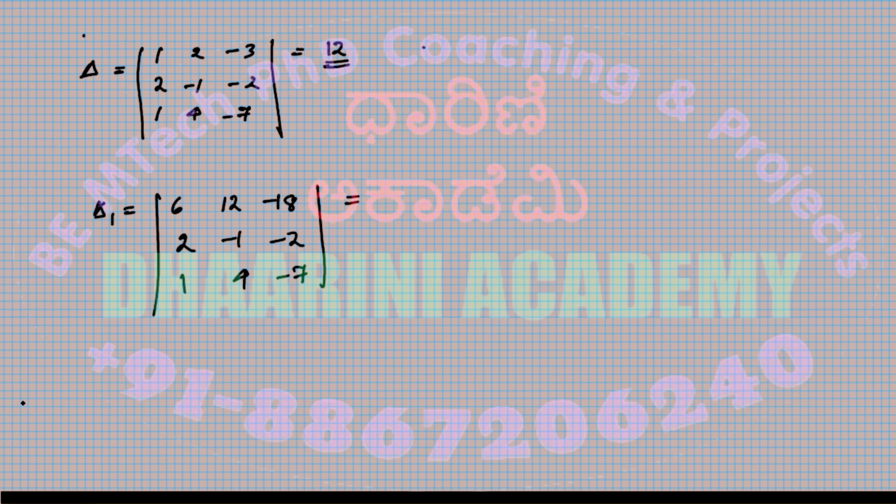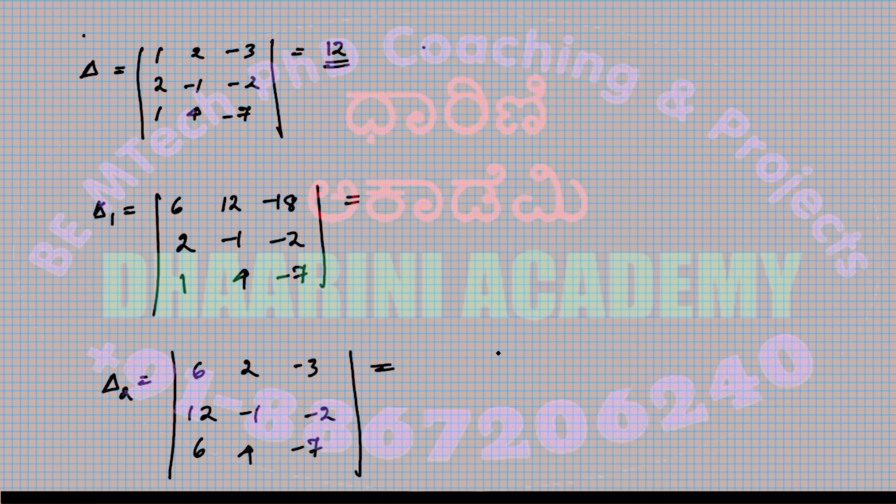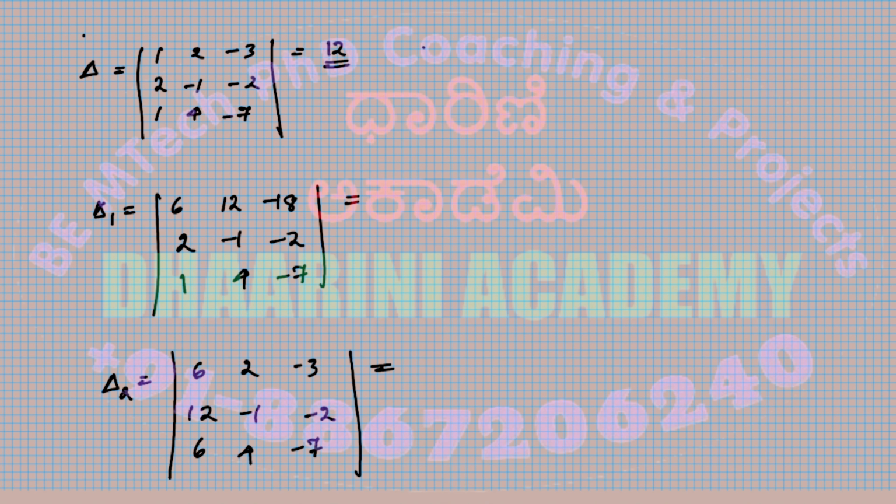At the same time, we'll try to take up another example. So delta 2 is equal to, and multiply any one column by say 6. Rest will try to keep it same. So 2, 3, minus 1; minus 2, 4, minus 7.